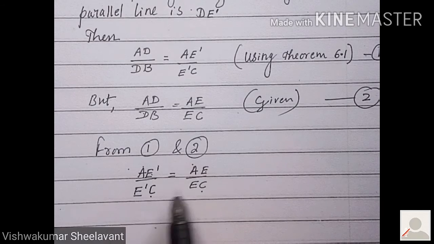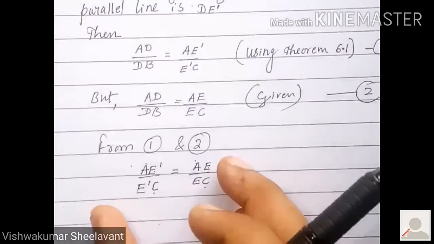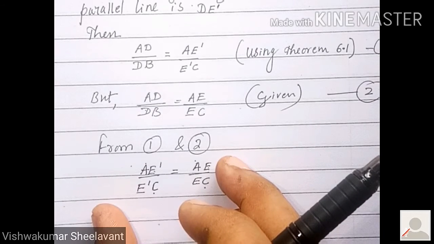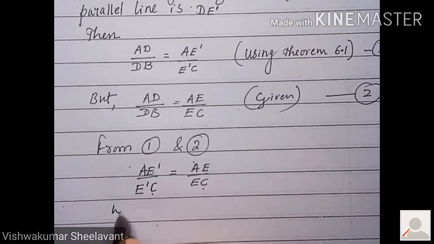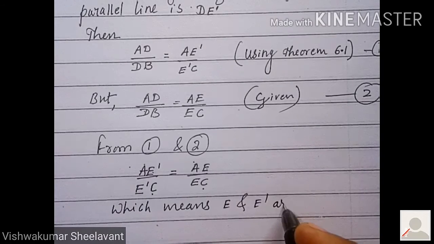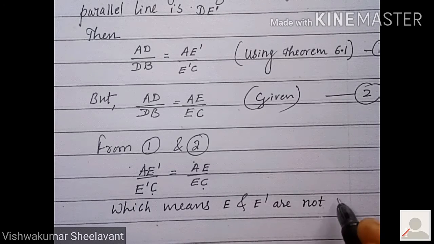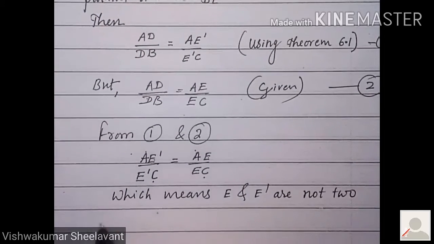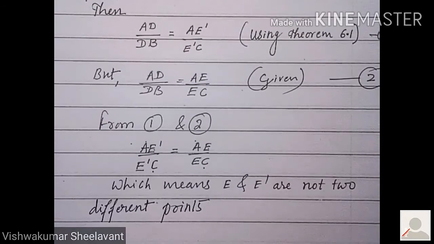It means that E and E dash are not two different points, they are the same point. So we'll write here, which means E and E dash are not two different points.